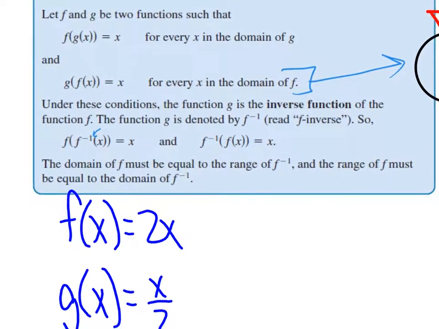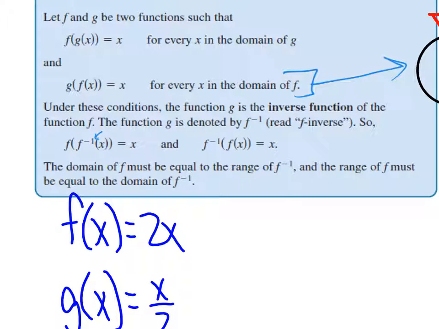This little -1 is not an exponent. It means inverse. So when I see f -1 like that, I read it f inverse. Now, isn't it the same as 1 over f? It's not.